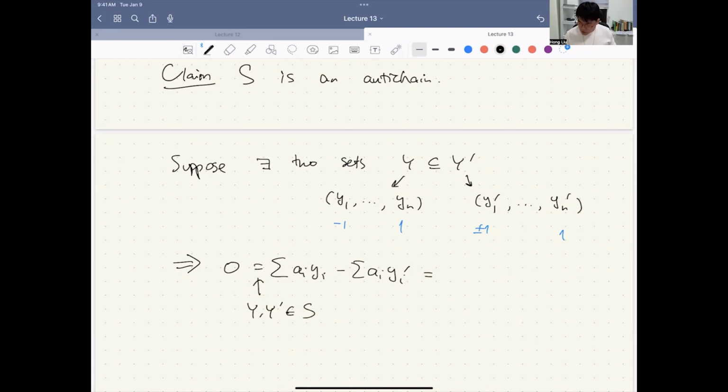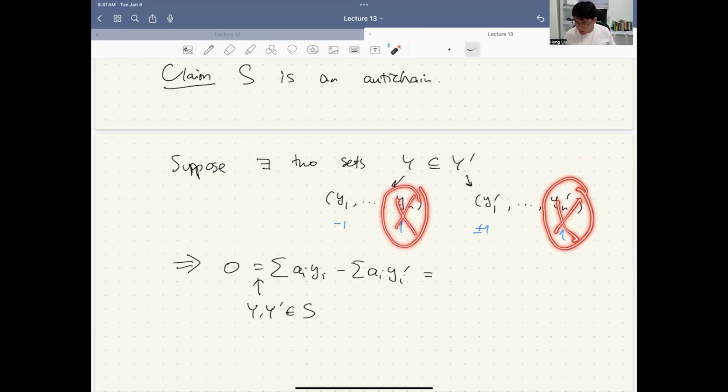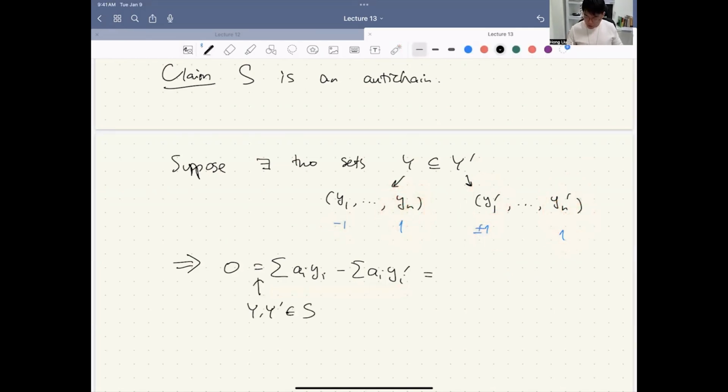But what is this? As I said, whenever you have 1 here, you get 1 here. So forget about the same ones. You just look at the -1 where you have positive ones here. This difference is 2 times those where they differ, right? So this equals 2 times the sum of ai over i that's in y prime but not in y.